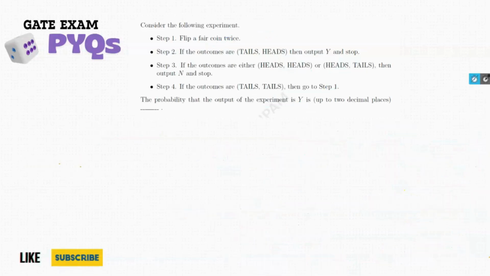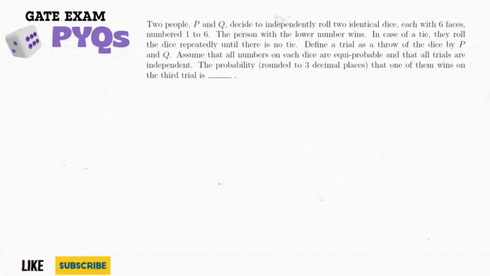Now moving to the next question. The question says that two people decide to independently roll two identical dice, each with 6 faces, numbered 1 to 6. The person with the lower number wins. In case of a tie, they will roll the dice repeatedly until there is no tie.